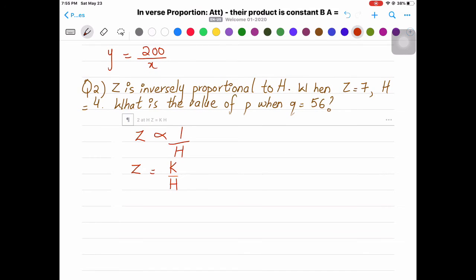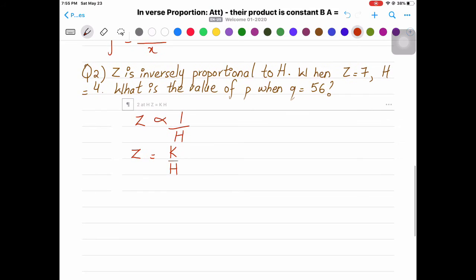So the question says when z equals 7 and h equals 4, we have to find the value of z when h equals 56.